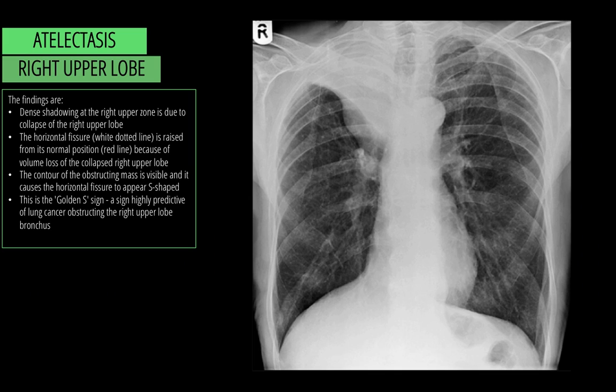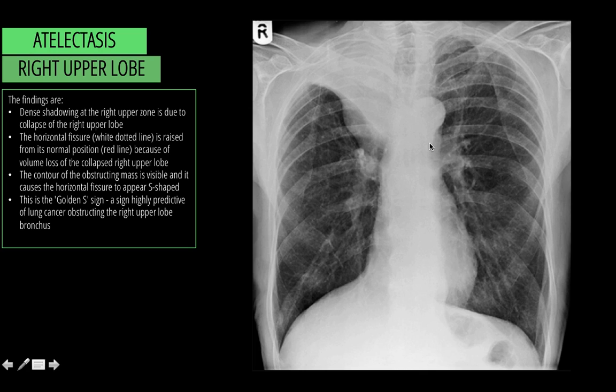Firstly, right upper lobe collapse will have distinctive features and is easily identified on a frontal chest radiograph, more so than left upper lobe collapse. The key features with reference to this radiograph are an increased density in the upper medial aspect of the right hemithorax. We can see the loss of the normal right medial cardiomediastinal border or contour.